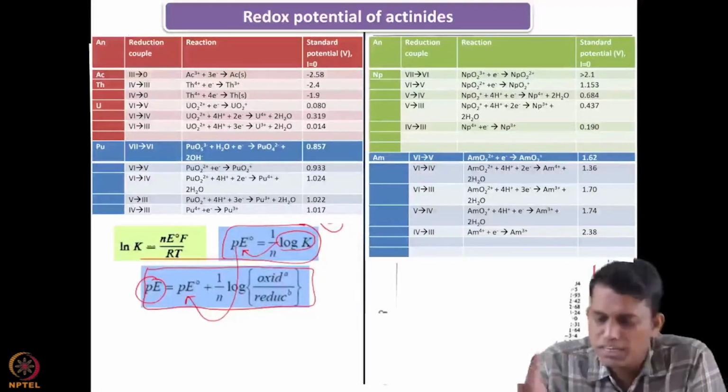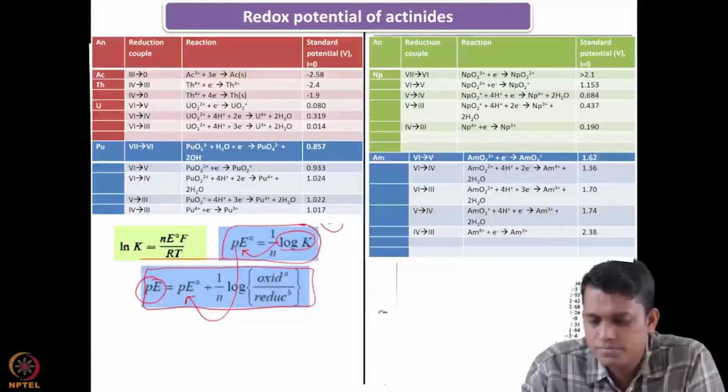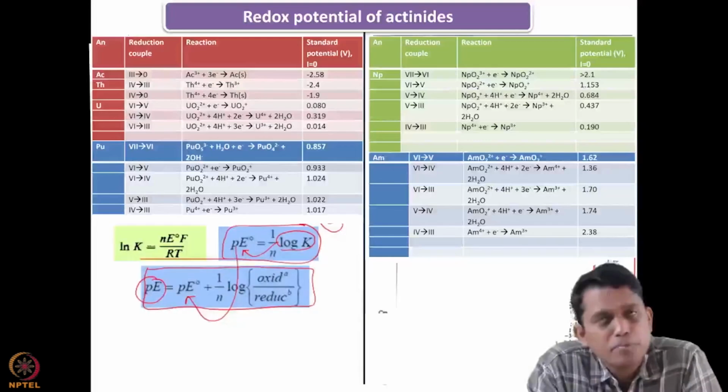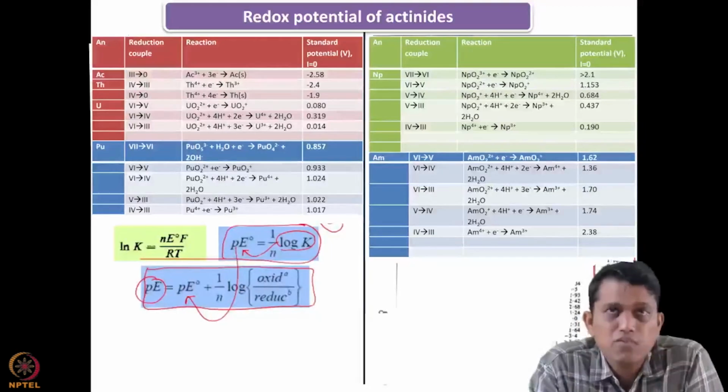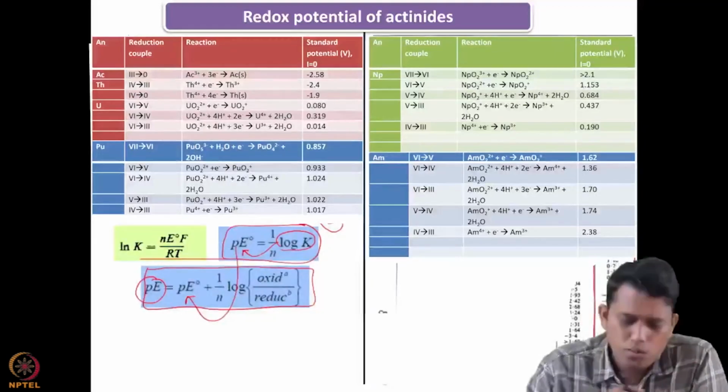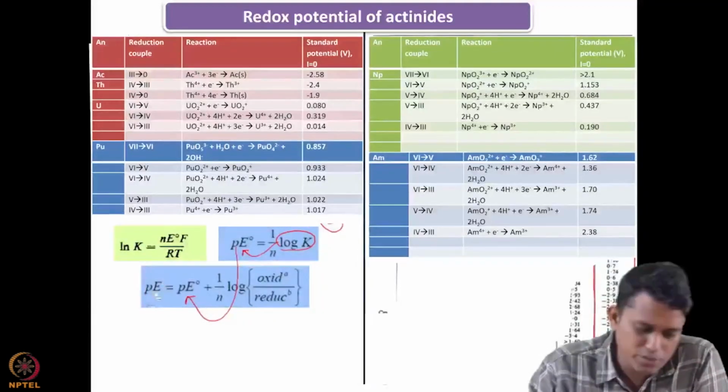So suppose you take a reaction in which both things are there, you have a proton, you have an electron. For such kinds of reactions, you will get an equation which involves both pE as well as pH. So you can easily draw the lines for the pH-pE diagram using this set of equations.